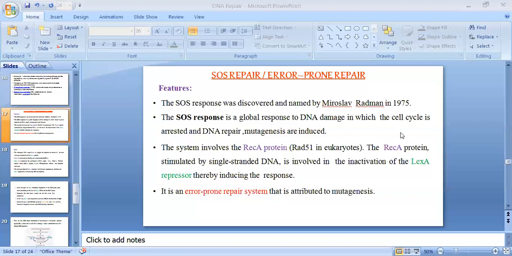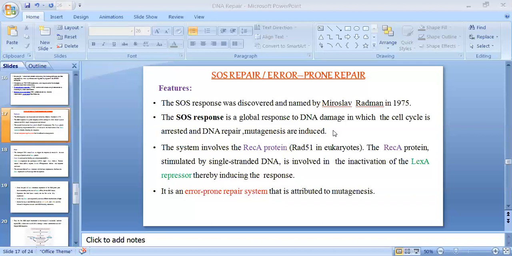First of all, the SOS response is a global response to DNA damage in which the cell cycle is arrested and DNA repair and mutagenesis are induced. During the cell cycle, as I have already taught in the class, during S phase or synthesis phase, where DNA replication occurs, at this stage, if DNA is damaged, that DNA needs to be repaired.